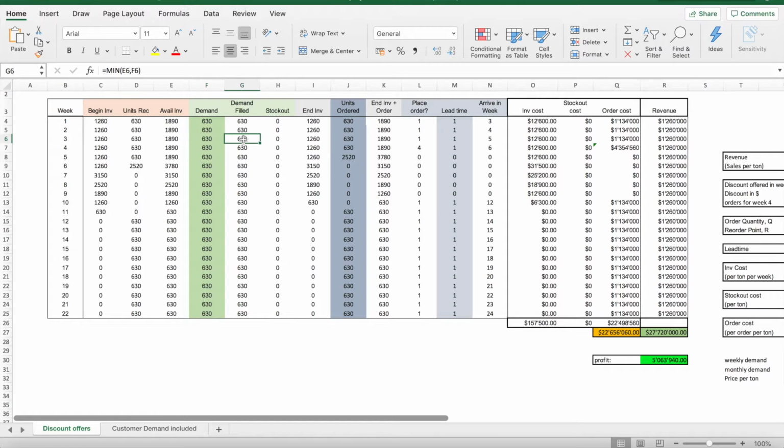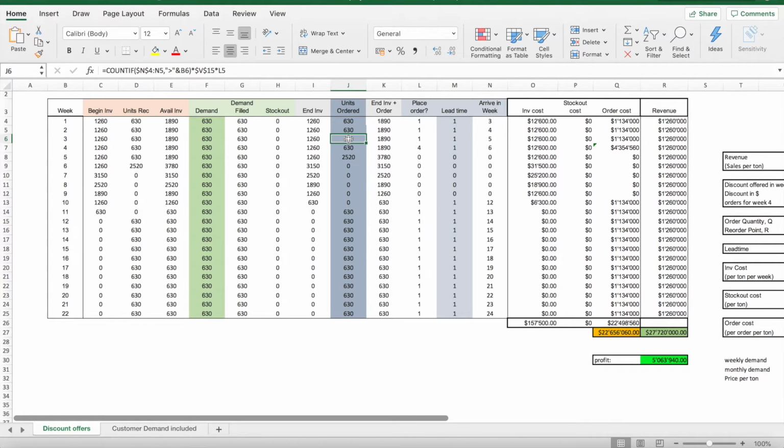This number is constant. Our demand filled is estimated based on whether our available inventory fulfills the actual demand. If the demand is not filled, we have a scenario of stockout. In this case, since our demand is constantly filled at 630, we do not have any stockouts. Our end inventory is based on our available inventory minus the demand filled. This gives the beginning inventory of the next period.